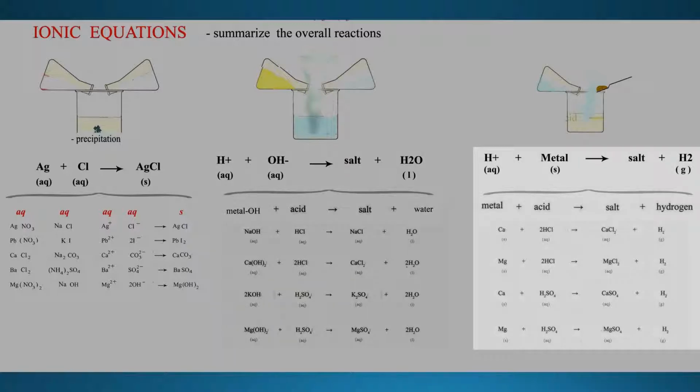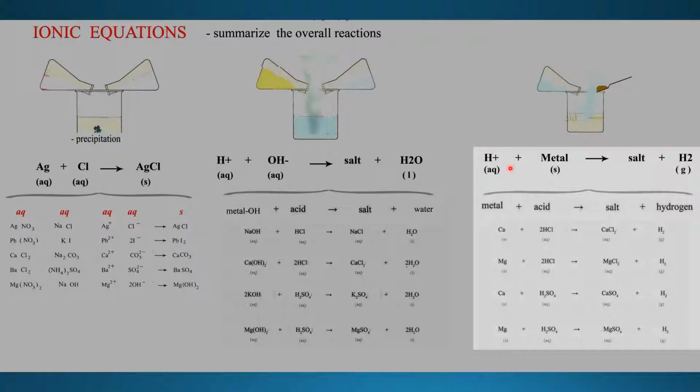As for acid with metal, no matter what metal, I don't care. No matter what acid, I also don't care. I will just write it like this: this is an acid, doesn't matter what metal, they all form salt and hydrogen gas. So the state is gas.